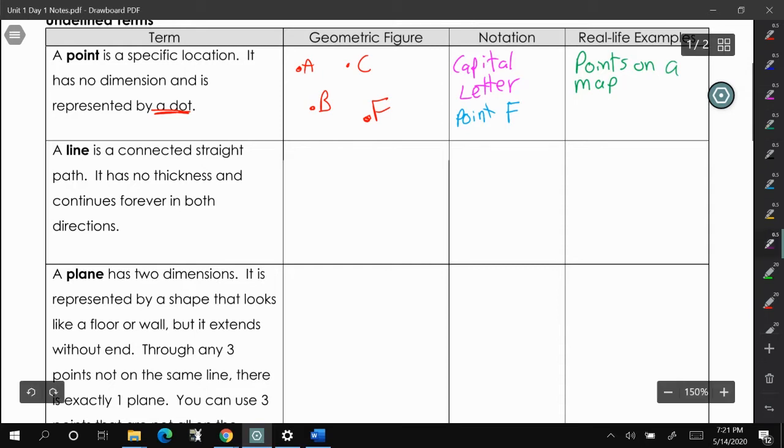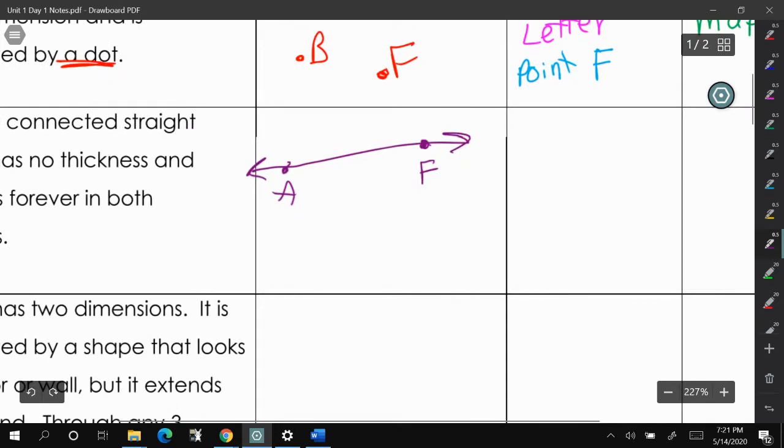Geometrically, it would look something like this, where we have 2 points connected by a line. Notice the line keeps going after the points, and we have arrows.